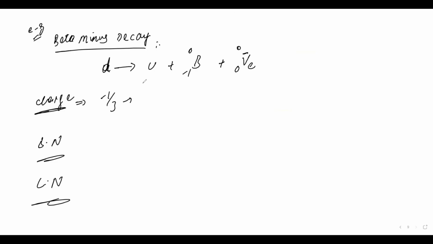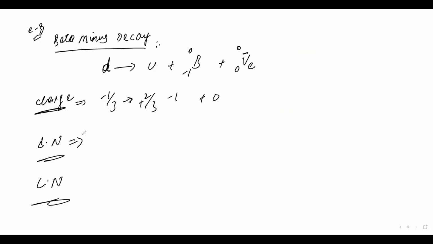The charge on an up quark is +2/3. The charge on a beta particle, or an electron, is -1. And the charge on the anti-electron neutrino has to be 0. So you can see that both sides are equal.